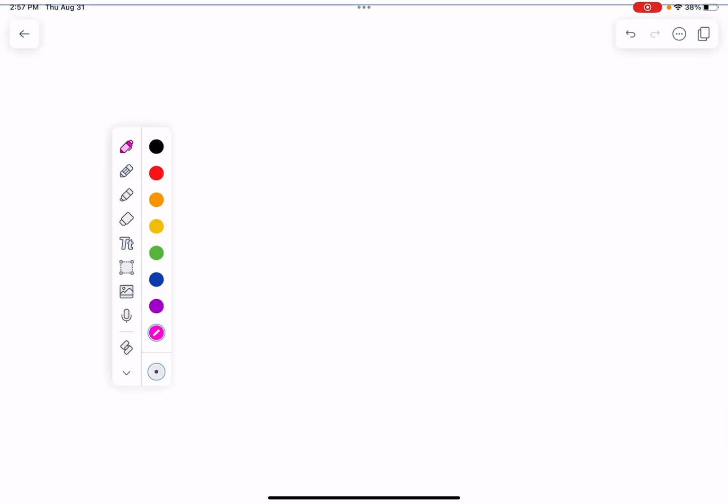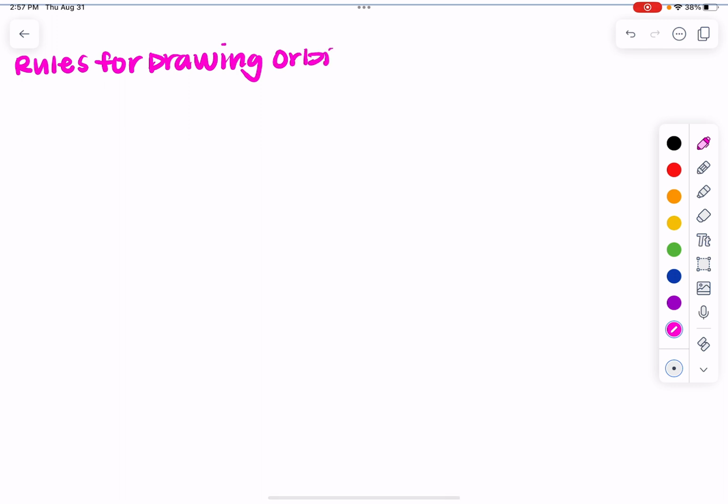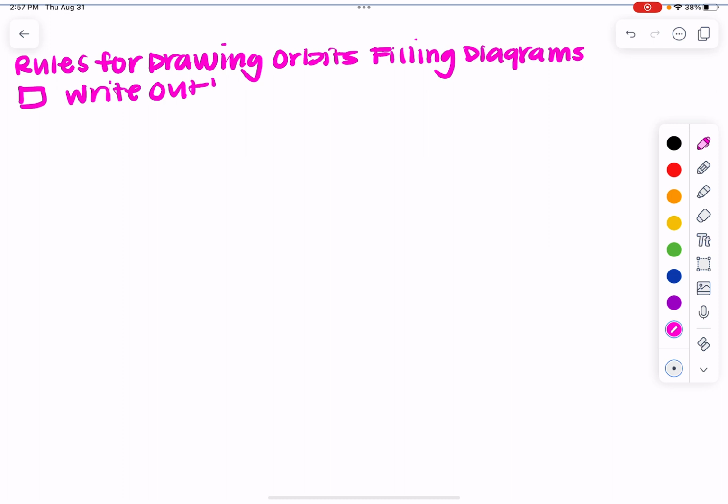And if you're wondering, well, I'm still struggling with orbital filling diagrams, remember to follow the rules. And here's a quick checklist that you can keep with you. The first one is write out the electron configuration. This will help you tremendously.